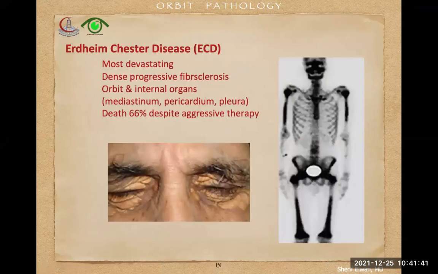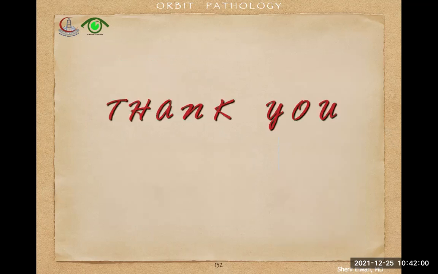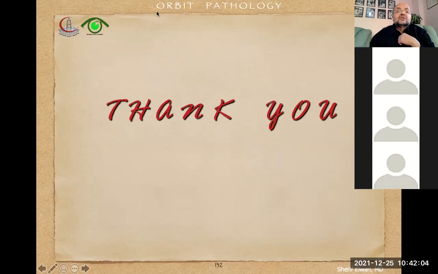And the ultimatum of the series is Erdheim-Chester disease. It's most devastating, dense progressive fibrosclerosis involving the orbit and internal organs, mediastinum, and so on, and it causes death in almost 70% of the population. Thank you very much, and I am ready to receive your questions, please.